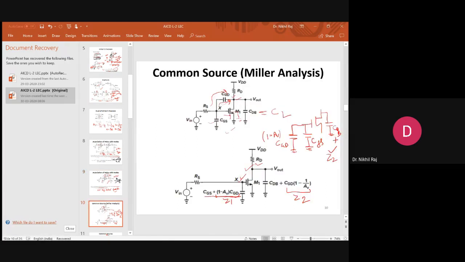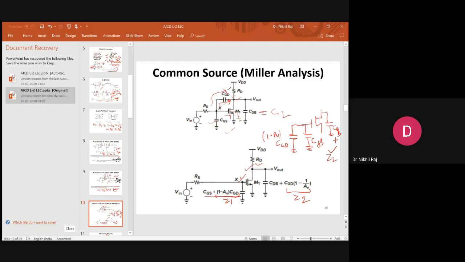Now, in slide number 8, we started with the common source amplifier. If we see the common source amplifier, we are taking the response at high frequency. When we talk about high frequency, we cannot neglect the other parasitics. For example, here CGD is taken into consideration.